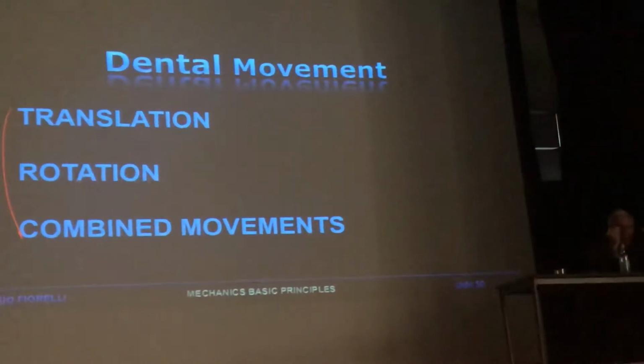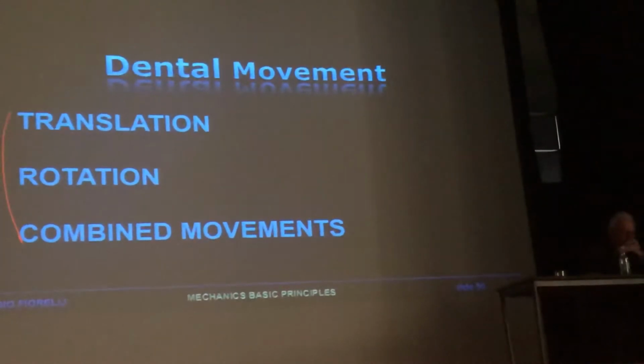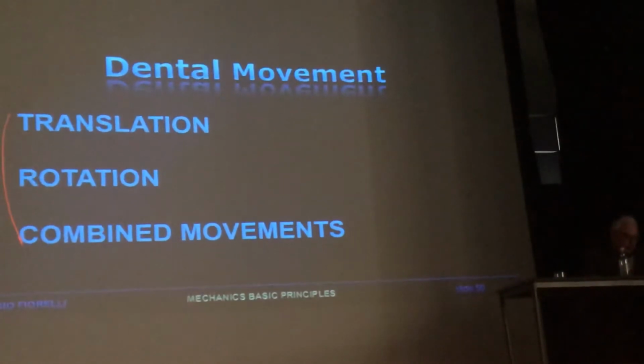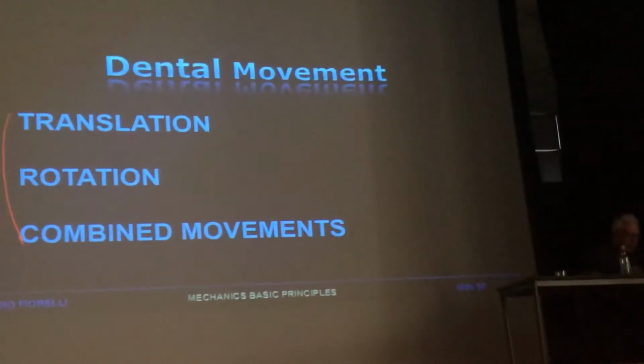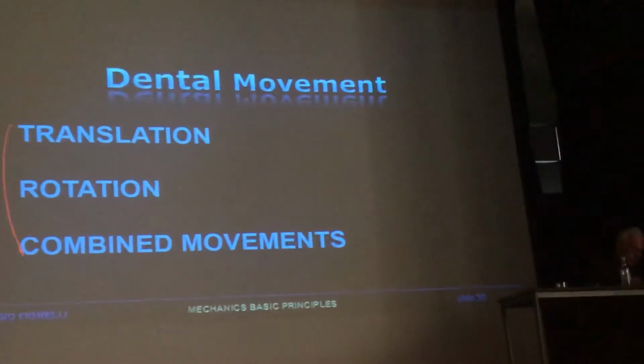We have to define a system to describe mathematically every single movement or path, better said. You have, I'm sure, heard speaking about translation, about rotation, and maybe combined movements.